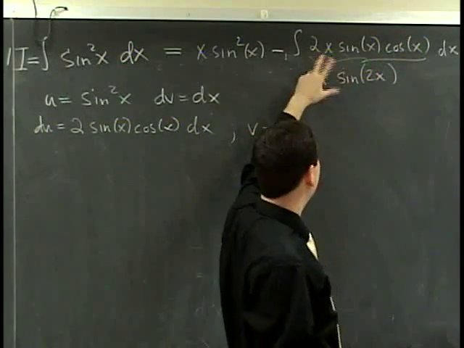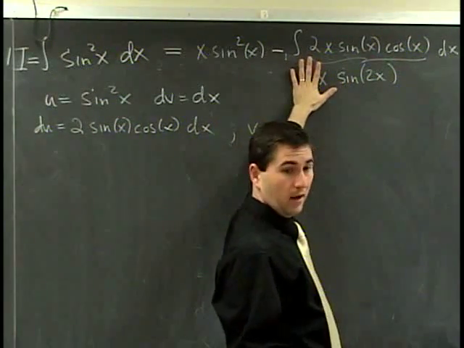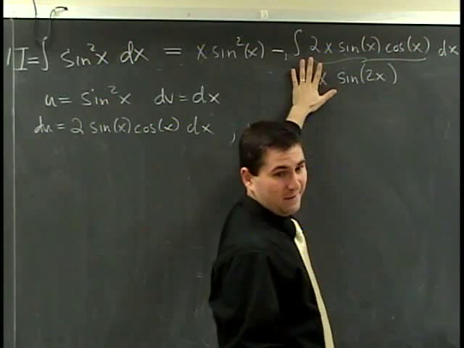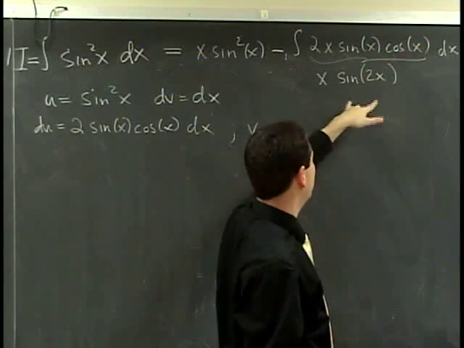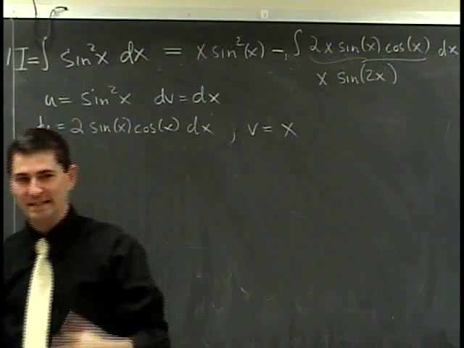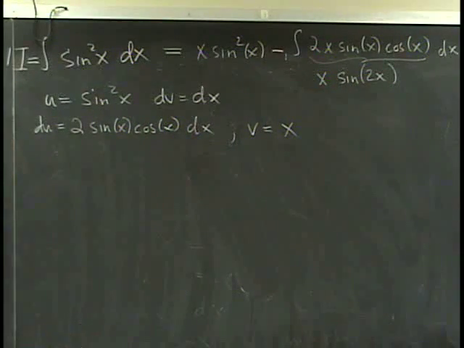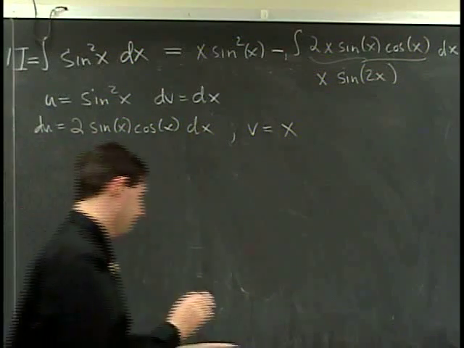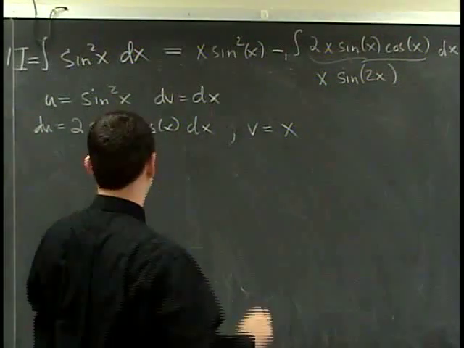We probably have a chance at using integration by parts again on this, but who knows where it's going to go. You'll probably just end up with cosine of 2x back where you started, so this is dangerous, right? It's not clear where it's going. So let's try a different approach.